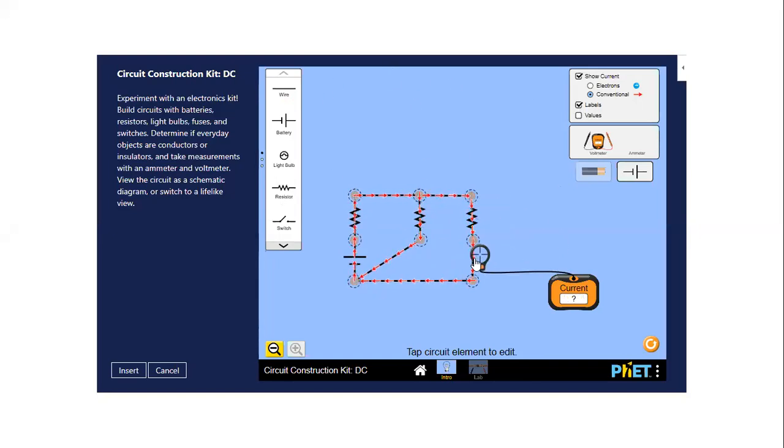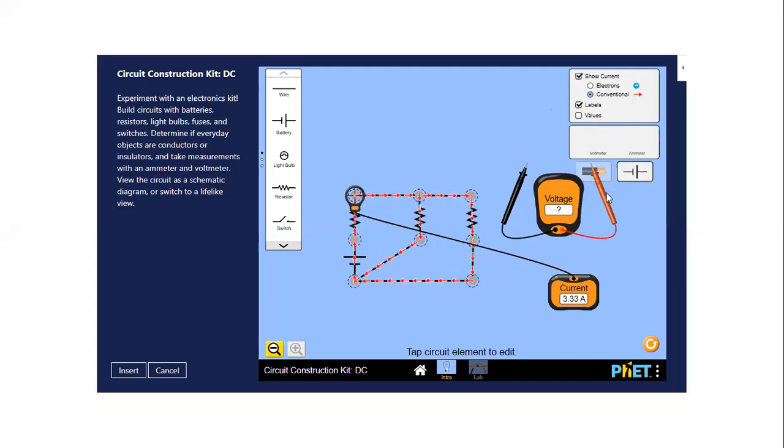Anyway, so now you can see 1.67 is the current through this branch, which we just got. This is also 1.67, right? How much current does the battery supply? See, 3.33 ampere. So we are trying to verify our answer, and this is one of the ways.